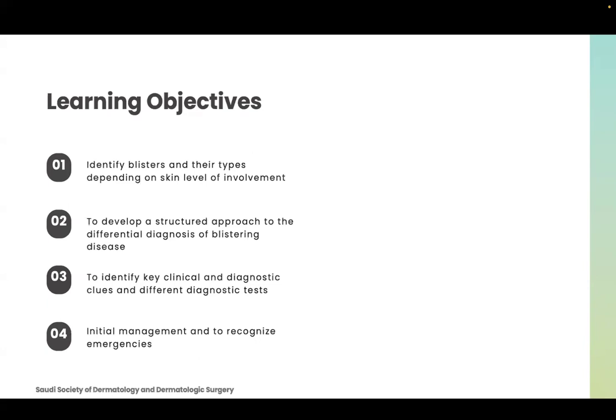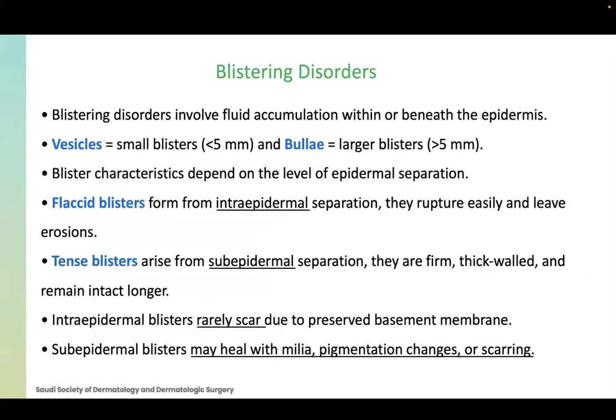And in some of the disorders, I will discuss the initial management, and I will discuss the emergencies: which ones need to go to the emergency department for urgent management, which ones are life-threatening, and which ones can be managed elsewhere. So this is a general definition.